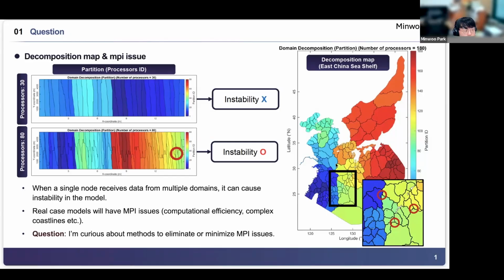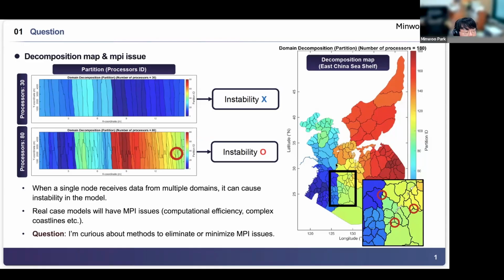In a previous meeting, I asked about an MPI issue that occurs in the 1D channel idealized experiment. At that time, the professor mentioned that instability can arise when a single node receives data from multiple domains. However, a real case model like the East China Sea model uses a large number of processors due to computation time requirements.